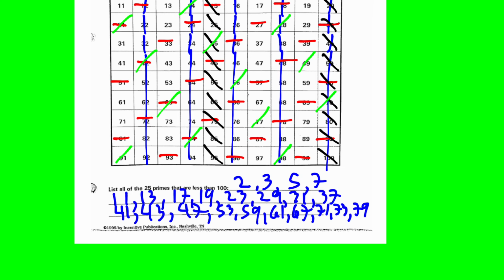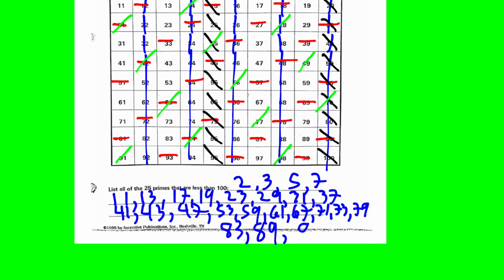Running out of space here. In the next row, I have 83 and 89. And I hope I haven't missed one. 83, 89. And in the last row, I have 97.